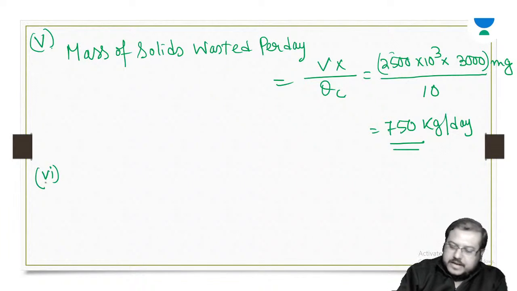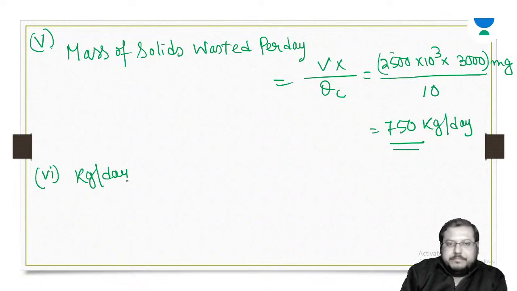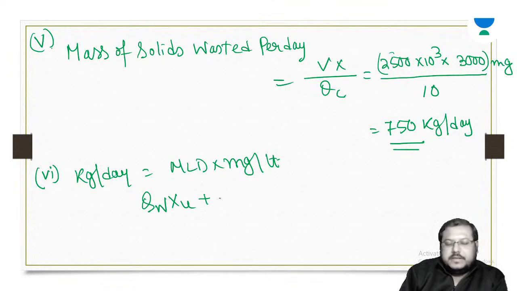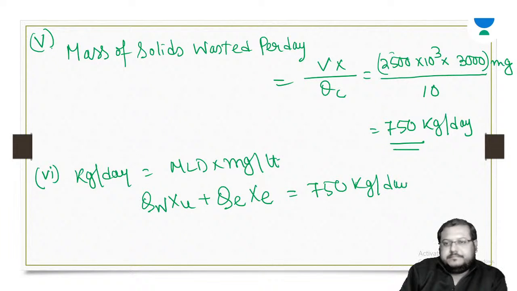Question number 6 is given as volume of solid wasted per day. So what is mass of solid? What is kg per day? It's kg per day is nothing but MLD into milligram per liter, right? So QW XU plus QE XE, that is equals to 750 kg per day.